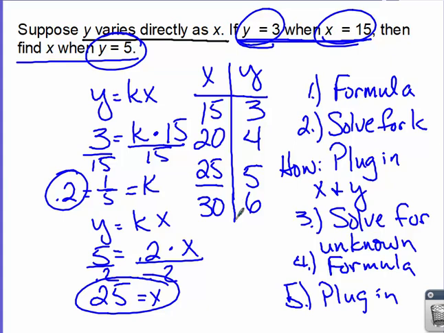Now I told you this k was just like our slope. Well, how did we find slope when we had a t-chart? We did our pattern on the right-hand side divided by the pattern on the left-hand side. Well, what is our pattern on the right-hand side? 1. What is my pattern on the left-hand side? 5. Isn't that the same thing I came up with as my value for k?